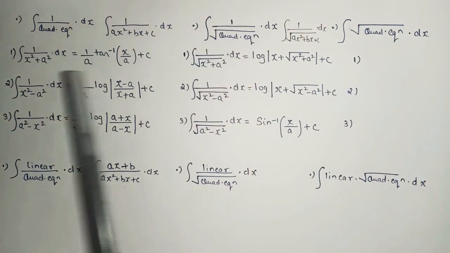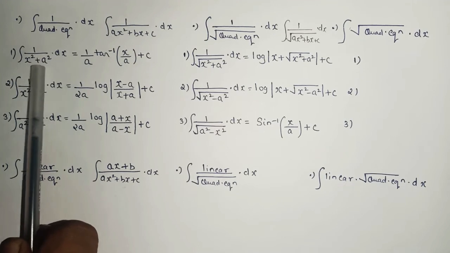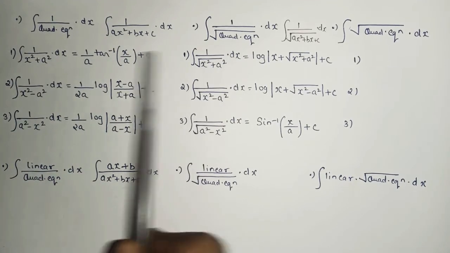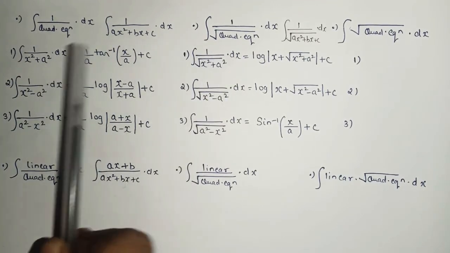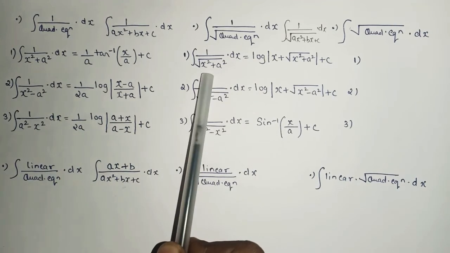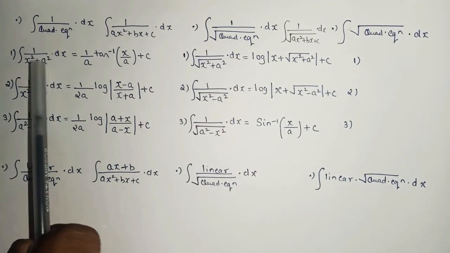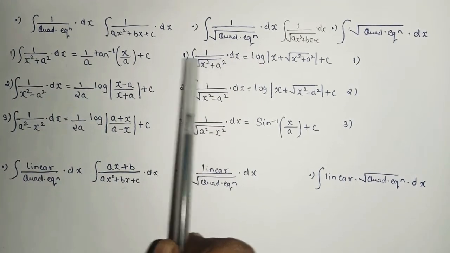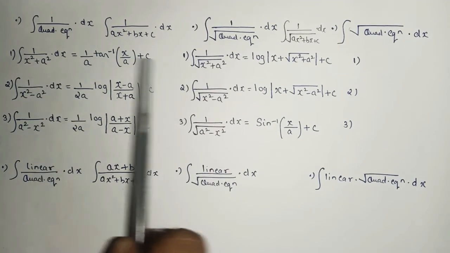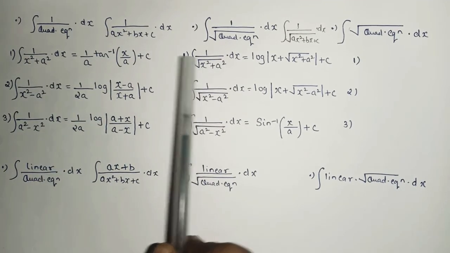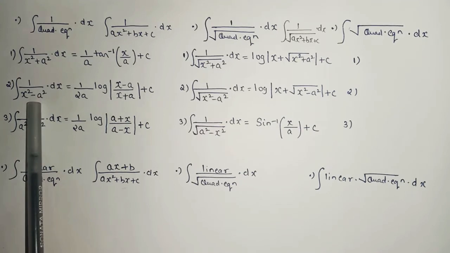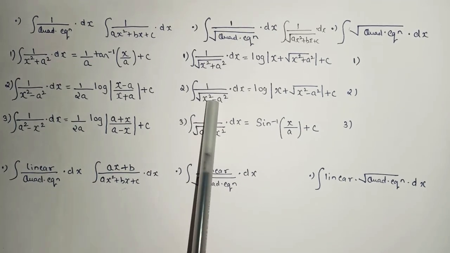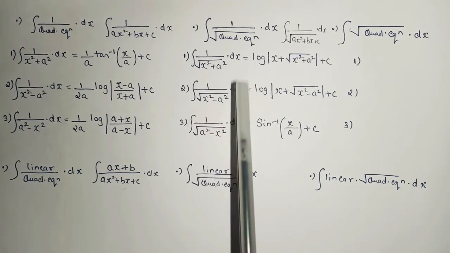As you can clearly see, the formula on the left hand side is almost the same. The only difference is that here it is without root and here it is inside the root. So 1 upon x square plus a square becomes 1 upon root x square plus a square, and 1 upon x square minus a square becomes 1 upon root x square minus a square.